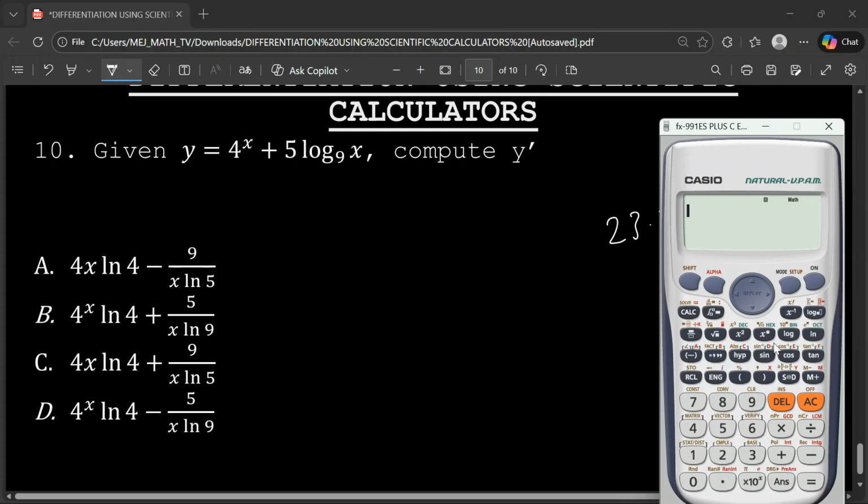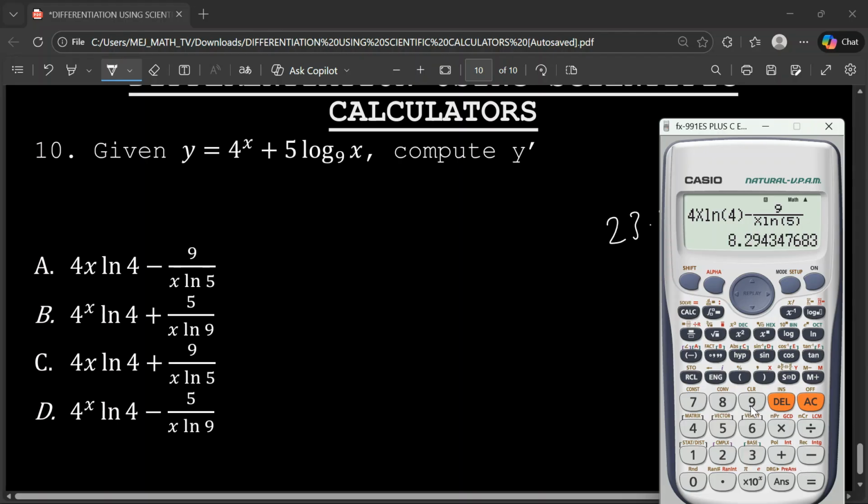So now we are going to store 2 as x and start evaluating. And so we are going to have 4 alpha x ln 4 minus 9 on alpha x ln 5. 8.29.